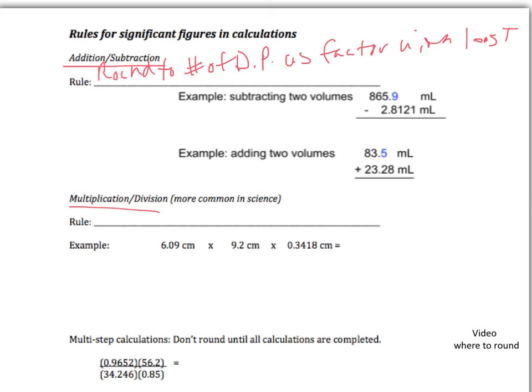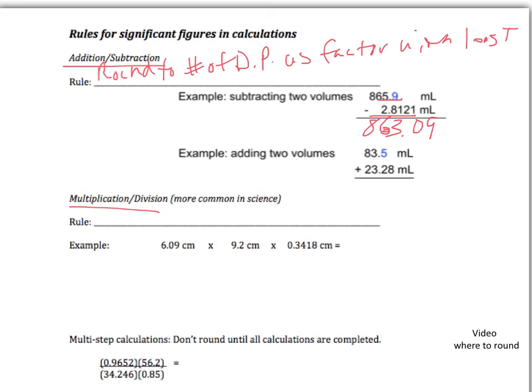Okay, so here's an example. I have 865.9 minus 2.8121 milliliters. I'm going to use my calculator and punch it, and my calculator says 863.09, but your calculator doesn't know how to round to the right number of sig figs.